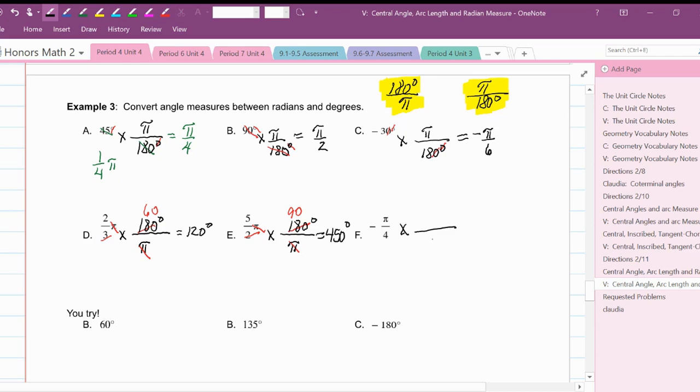The last one for us to do together, and then you'll try those next on your own.